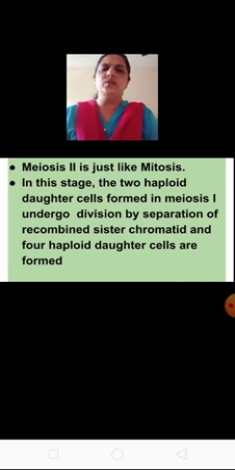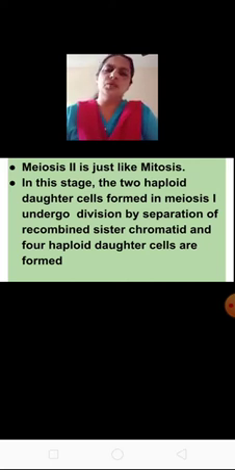Same way, you can see the 2 haploid daughter cells formed in meiosis 1 undergo division by separation of recombined sister chromatids, and 4 haploid daughter cells are formed. See in this, how many haploid cells take part? 2 haploid daughter cells, which are formed in meiosis 1, take part in this meiosis 2.